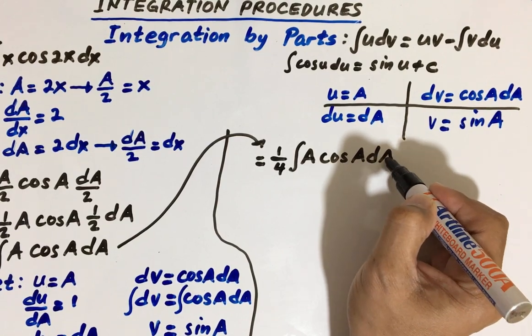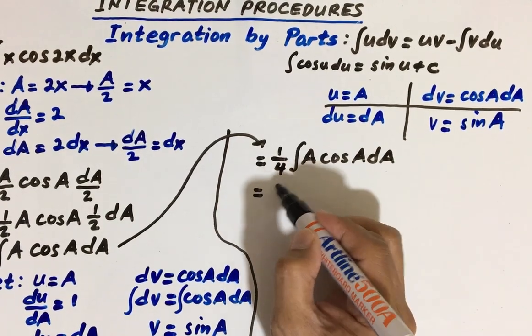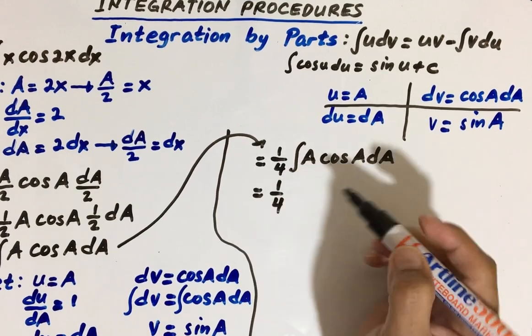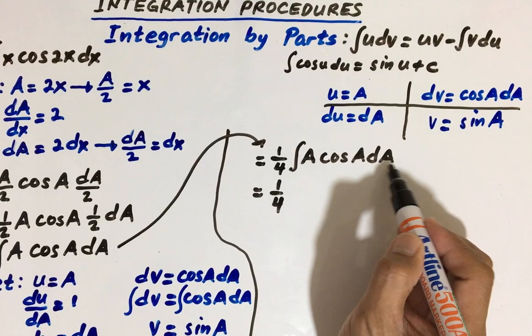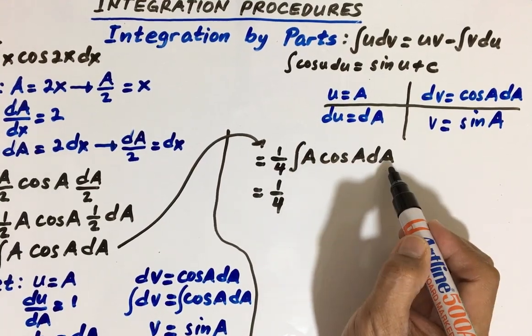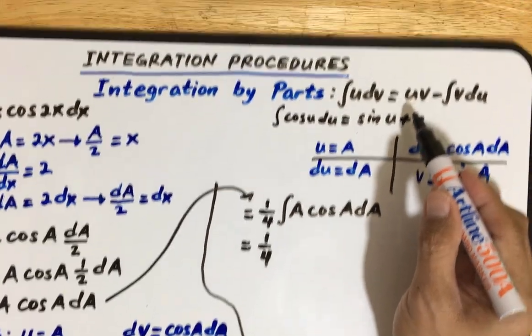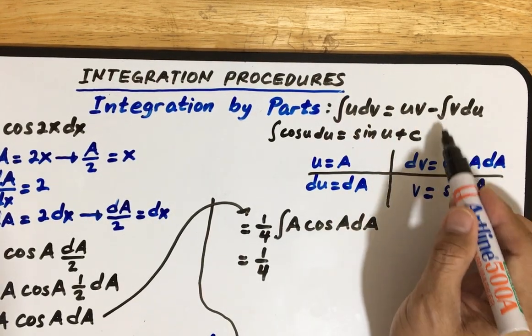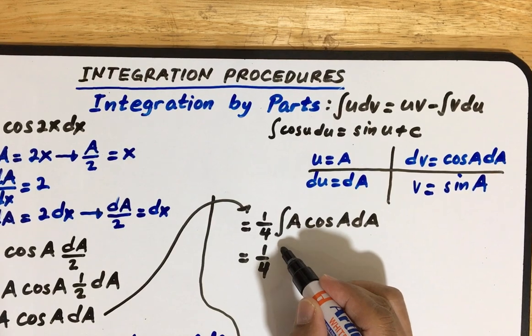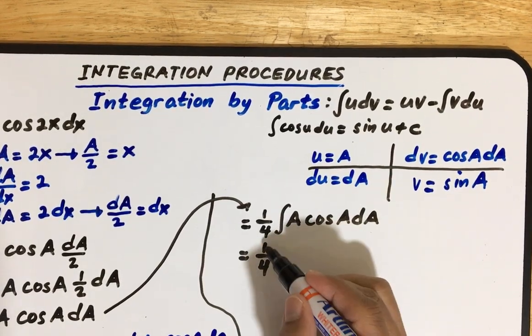This is equal to 1/4 times the integral of u dv. So using the formula, the integral of u dv is u times v minus the integral of v du. The whole thing is multiplied by 1/4.